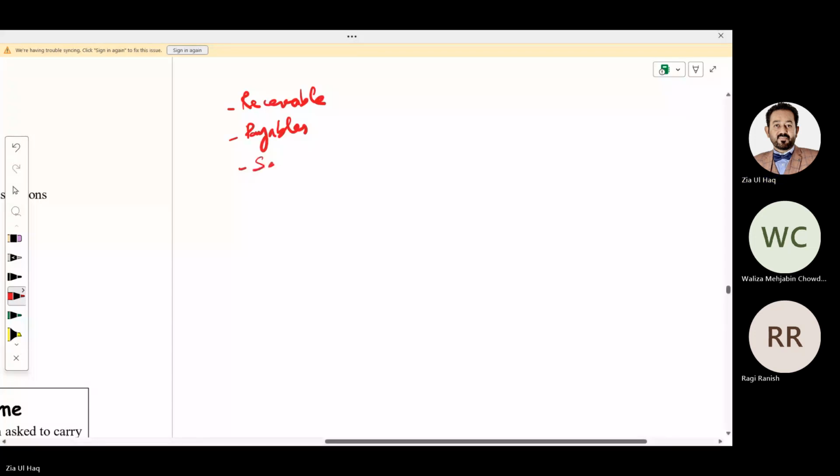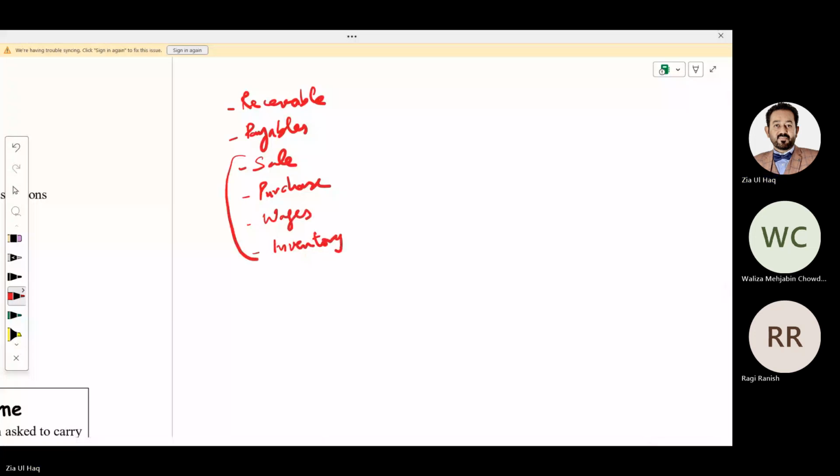We have covered test of control and substantive procedures on sales system. We have covered test of control and substantive procedures on purchase system. We have covered test of control and substantive procedures on wages system. We have covered test of control and substantive procedures on inventory. These four areas relate to test of control as well as substantive procedures. Now we are going to cover another area, non-current assets.